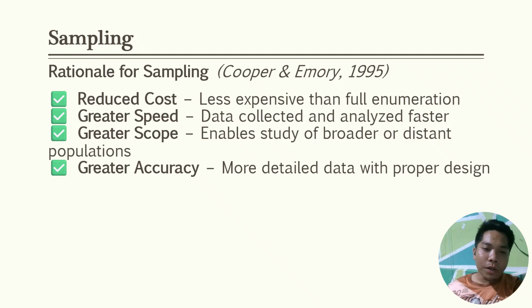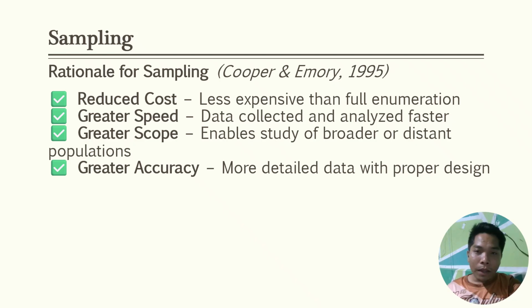Now, the rationale for sampling. Why do we need sampling? Again, this will reduce cost and give greater speed for data collection and analysis, since when you do sampling, you can identify the actual respondents of your study. Therefore, you can gather data within the fastest time you can. Next, greater scope. This enables study of broader and distant populations.